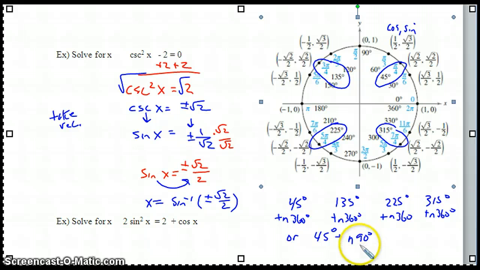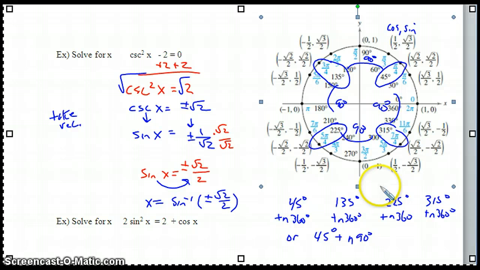And you may be saying to yourself, well, I didn't get that. I got 45, 135, 225, and 315. This is the shortcut, so you don't have to list all of these. You'll only be able to do this if the distance between all of these is the same, 90 degrees each time. And it just so happens for this one it is.